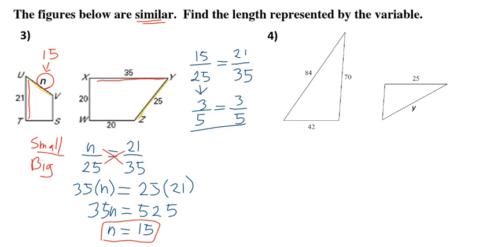In our last problem, we have something similar. We had to find the length represented by the variable y. And since we had to find y, we need to use from the other figure the longest side, because this is the longest side, so we need to use this 84.